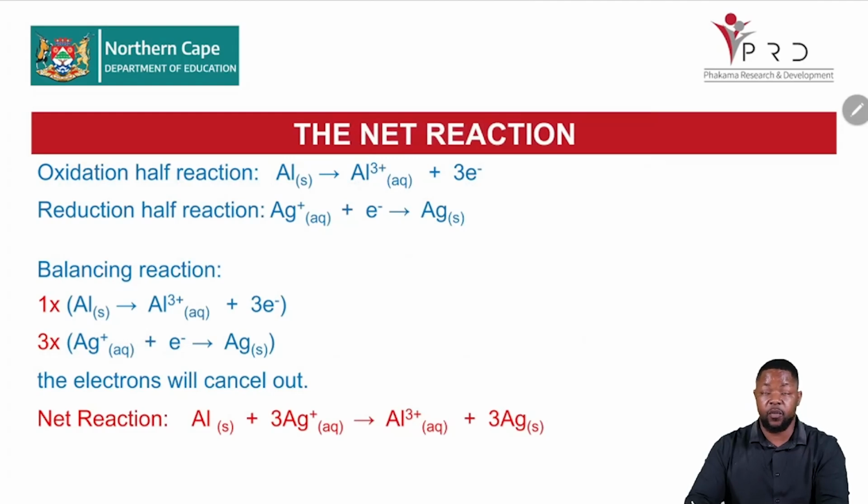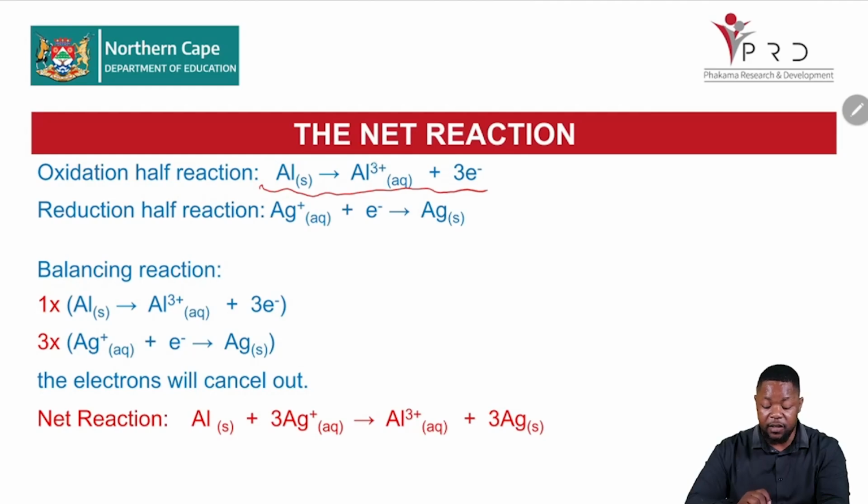Now, the net reaction when the electrons in the oxidation half reaction and the reduction half reaction are not equal. Let's look at the oxidation half reaction for aluminium, where aluminium loses 3 electrons. The oxidation number of aluminium here is 0. The oxidation number of aluminium on the right-hand side is 3+.